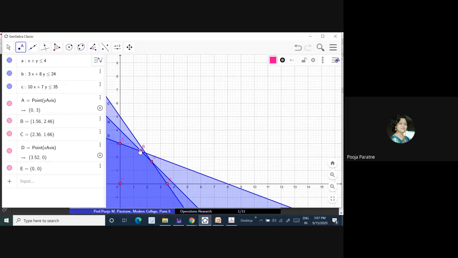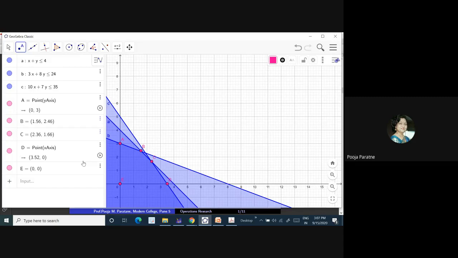Now we don't know the coordinates of B and C. But we can check that B is the point of intersection of line A and B, and C is the point of intersection of line A and line C. And we know that the point of intersection of 2 lines can be obtained by solving them simultaneously. So let us do that.